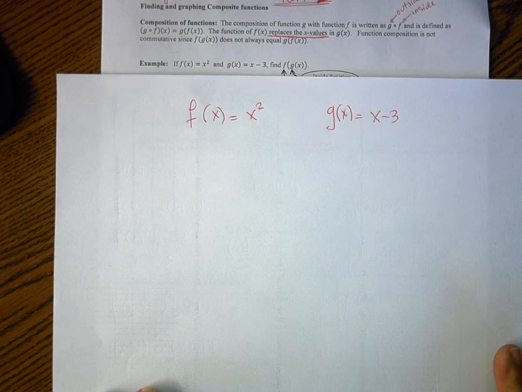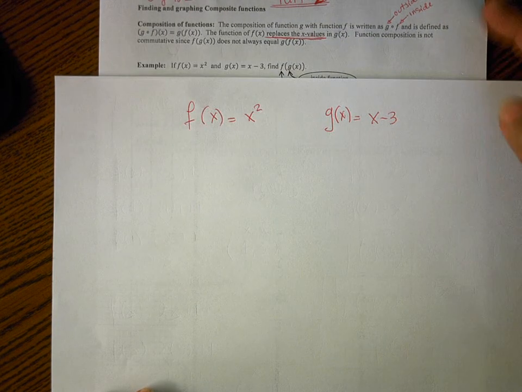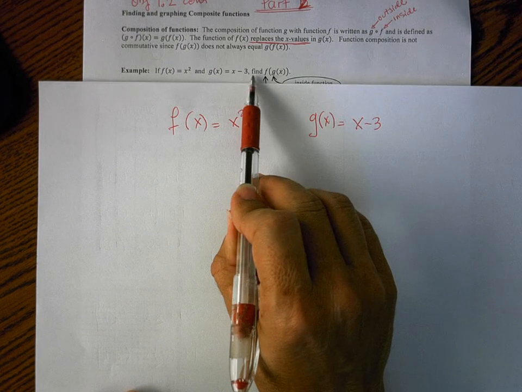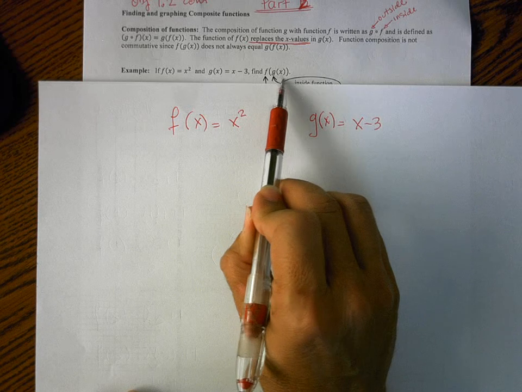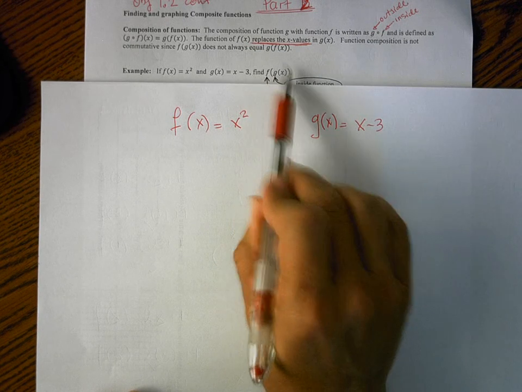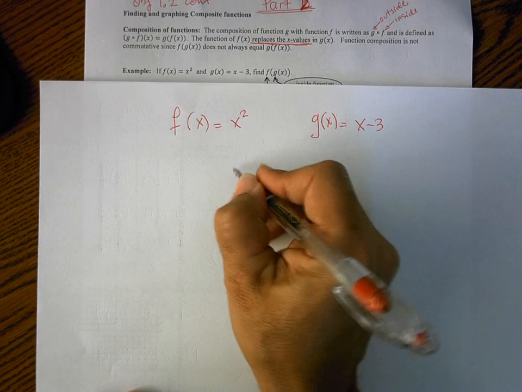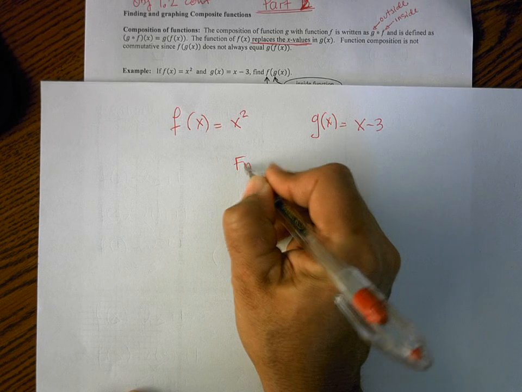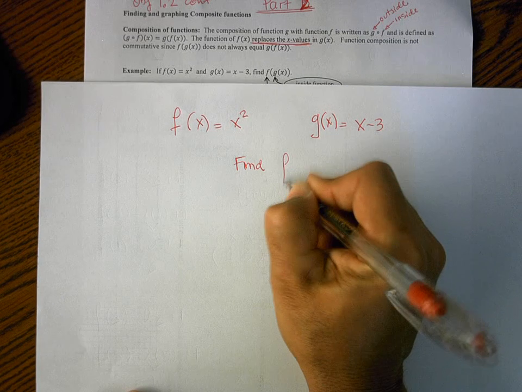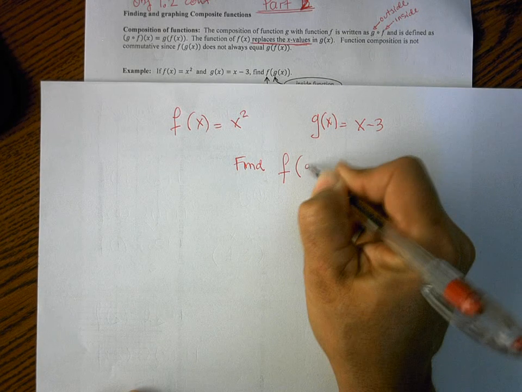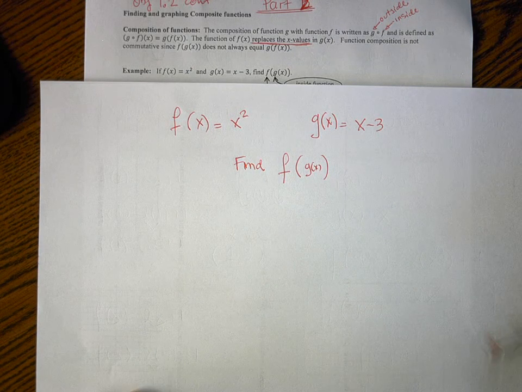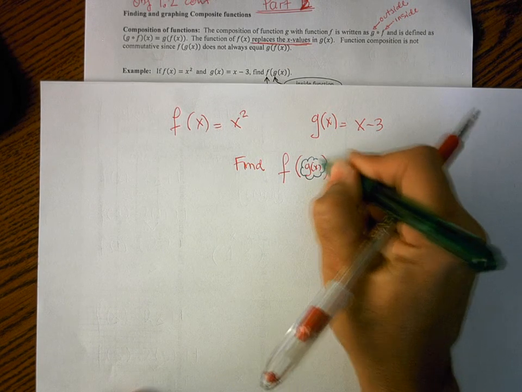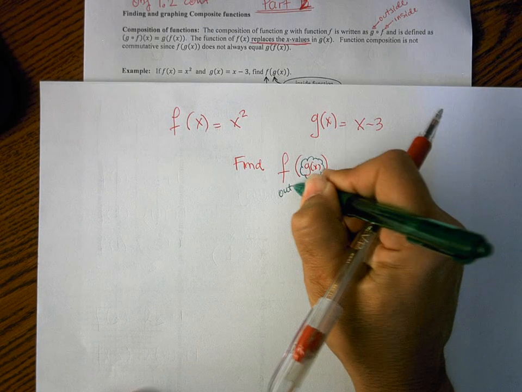So we have two separate functions. Let's see what they're asking us. They're asking us find f of g of x. So from the notation, you can see that they're asking us to find f outside and put g of x inside, okay? So we're going to put g of x on the inside and f of x is the outside.